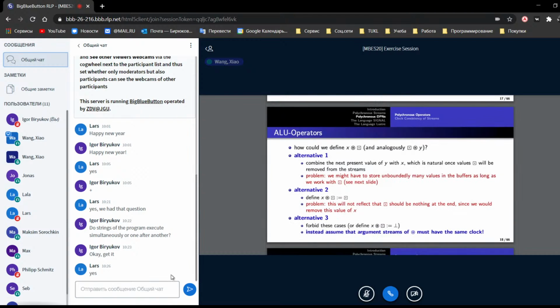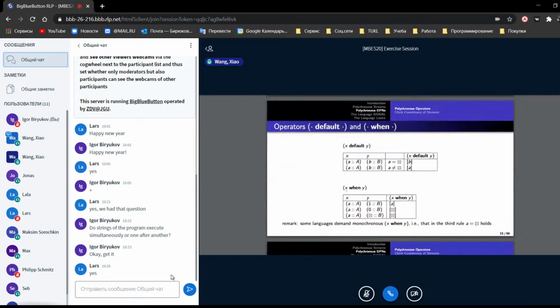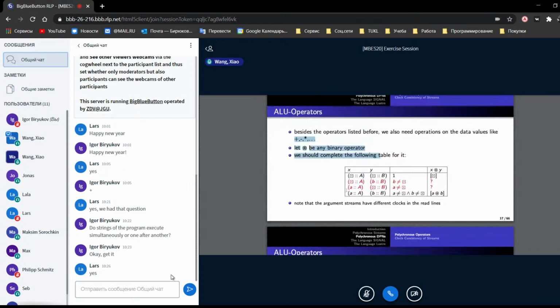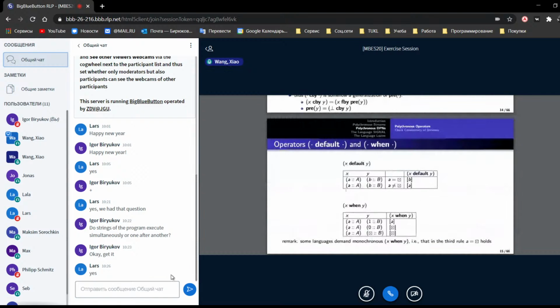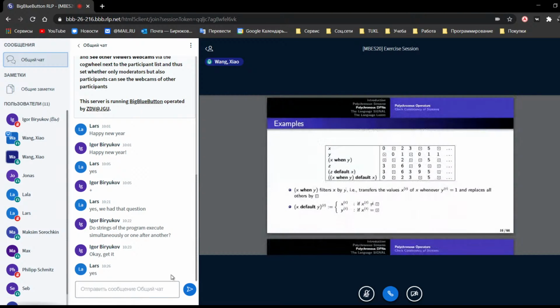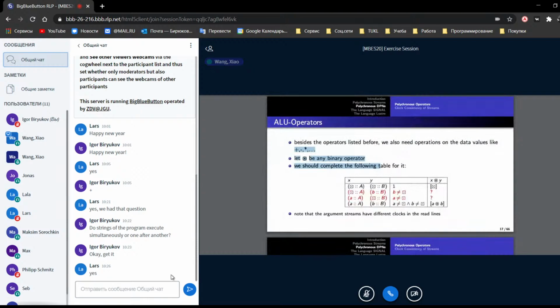Okay. So everything before it does not have clock consistency problems. Because why? There you are allowed to have boxes on one side and not boxes on the other side. But for these operators, we don't allow it. Okay. Either both are boxes, or both have values. Okay.